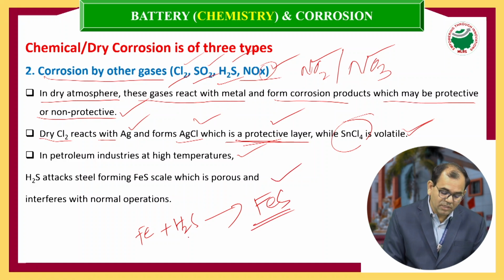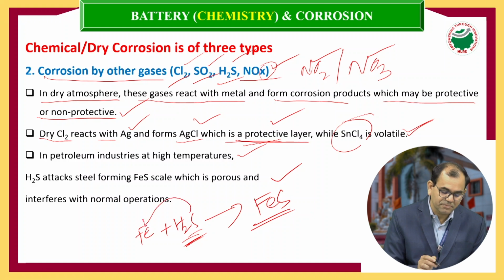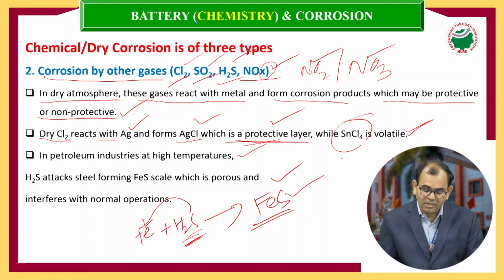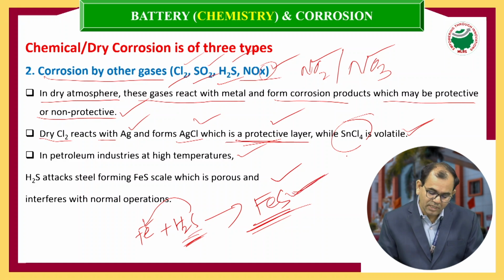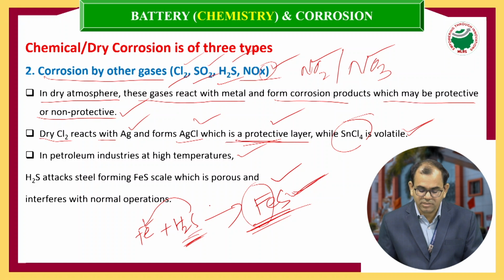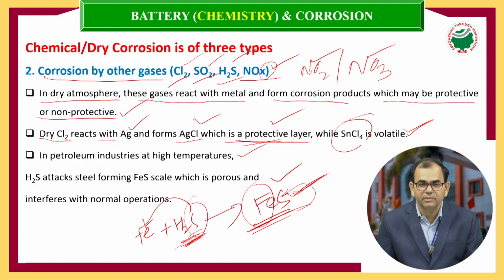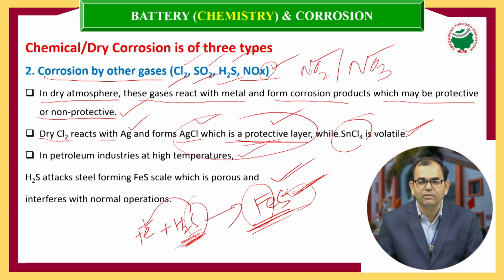That means the sulfur gas in this hydrogen sulfide has interacted with the iron pipe or iron metal or iron vessel, and it is forming iron sulfide. Iron sulfide is not acting as a protecting layer. Sulfur is degrading the iron. That's the main disadvantage here. The sulfur from hydrogen sulfide reacts and degrades the metal. It is degrading the iron surface rather than protecting like AgCl.